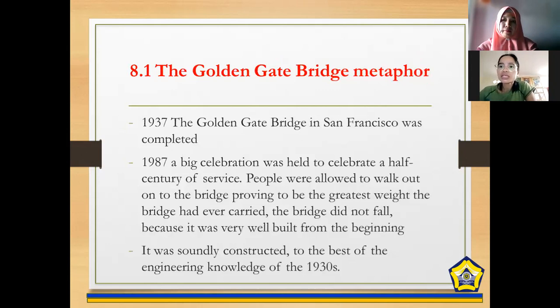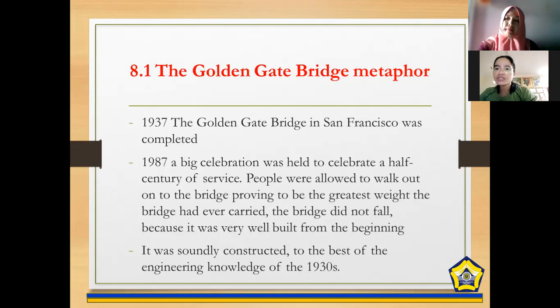and the Golden Gate Bridge metaphor as an example. In 1937, the Golden Gate Bridge in San Francisco was completed, and in 1987 a big celebration was held to mark a half century of service. People were allowed to walk out onto the bridge, which proved to be the greatest weight the bridge had ever carried.